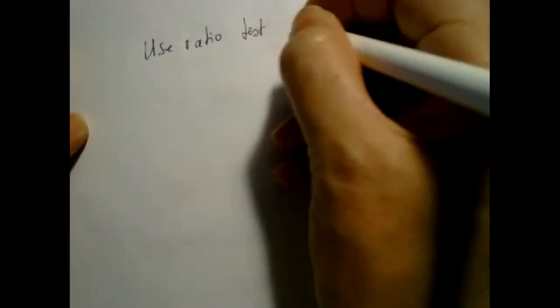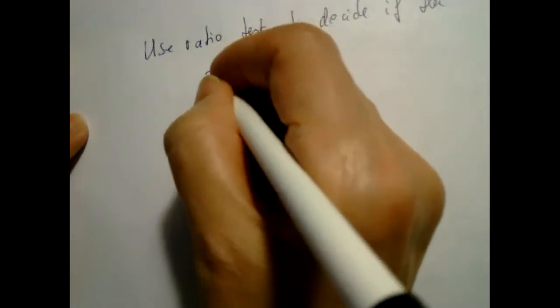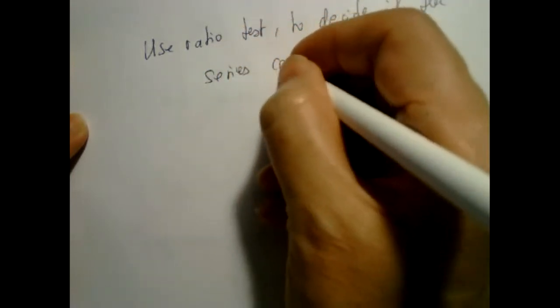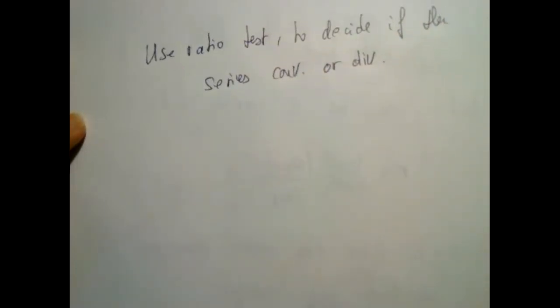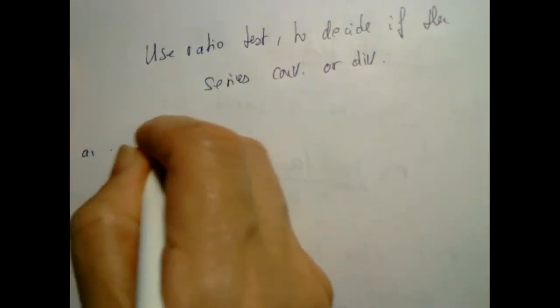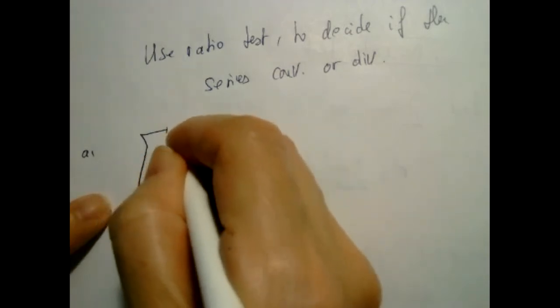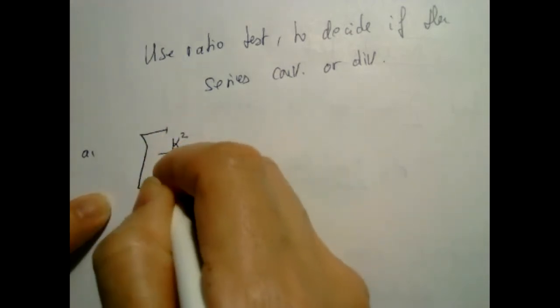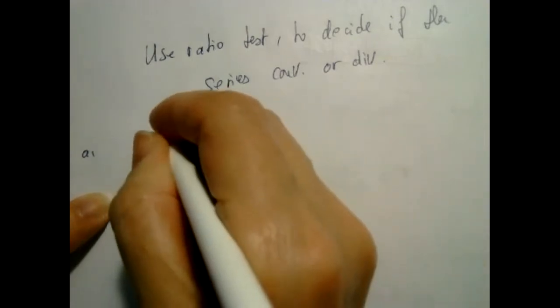So use the ratio test to decide if the series converges or diverges. The first example: my series is sigma ak, k squared over 2 to the k, with k going from 1 to infinity.